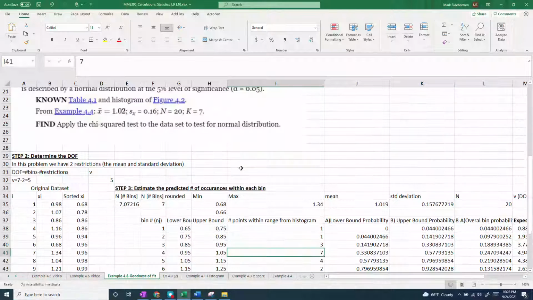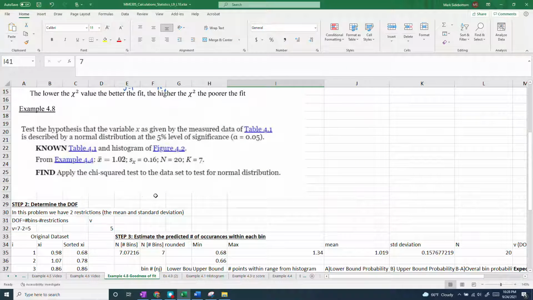Once you have the data, awesome. The second part of the problem asks you to determine the number of degrees of freedom. In this problem we have 2 restrictions from the data set: the mean and the standard deviation.